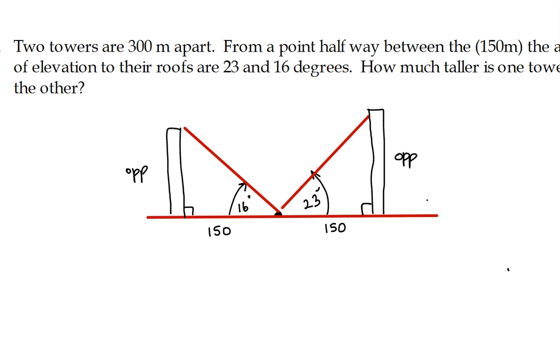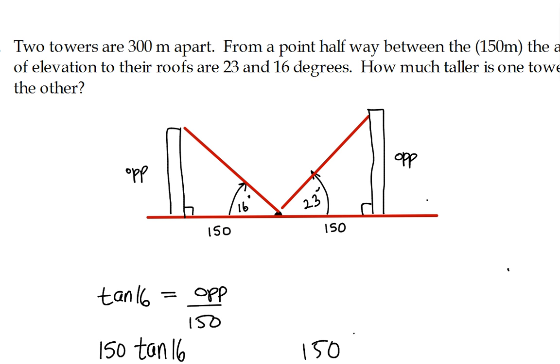So in both cases, I'm thinking tan. And in both cases, the unknown's in the top. So 150 tan 16. And following that same logic, 150 tan 23. One of those values will be bigger than the other, and you just subtract. I'll finish off the proper notes. Take these two values.